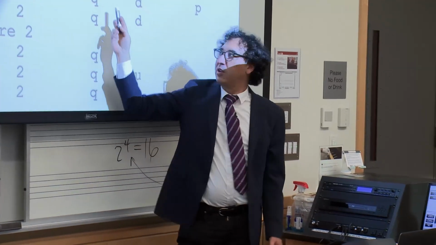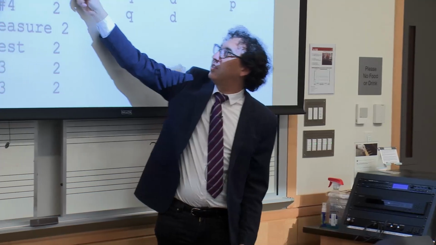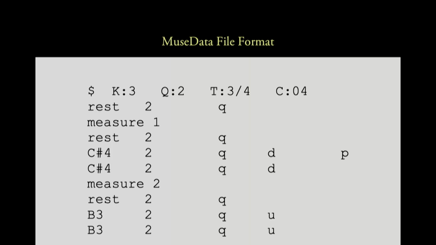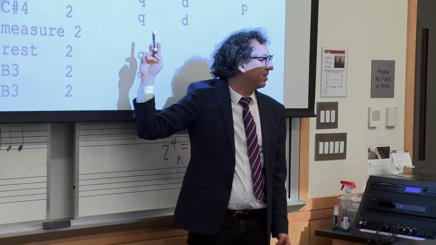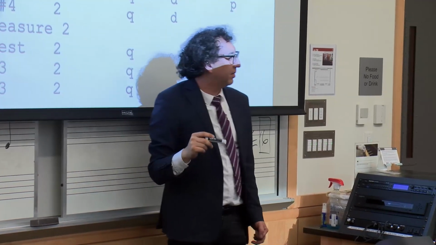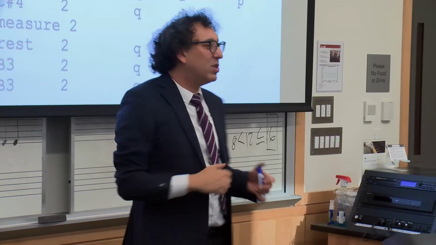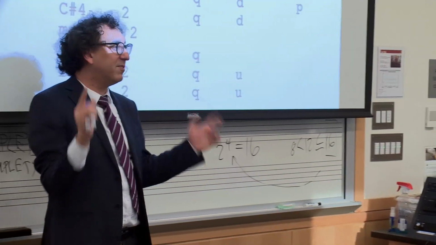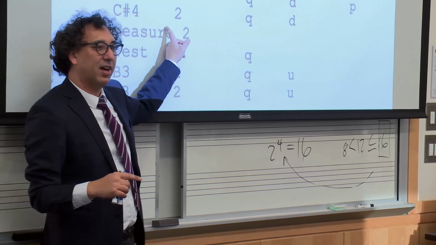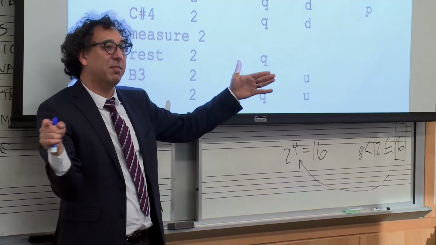What's the difference between this 2, each quarter is 2 of something, and this being a Q? Who needs what for what? Yeah? What's printed on the page versus what's played. So that you don't need to convert between visual and time duration.